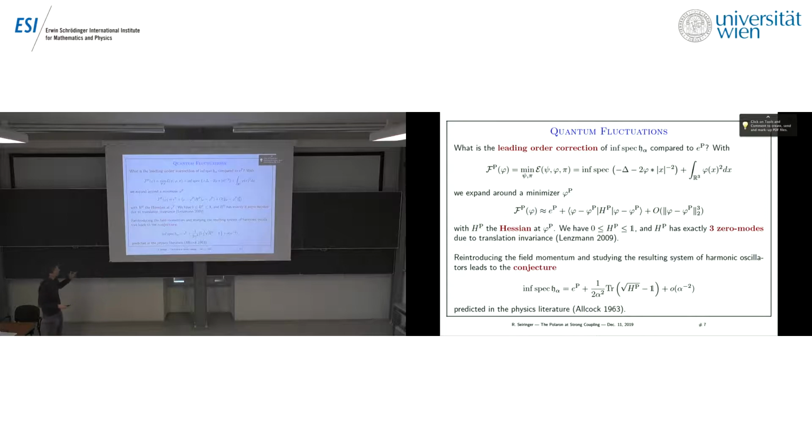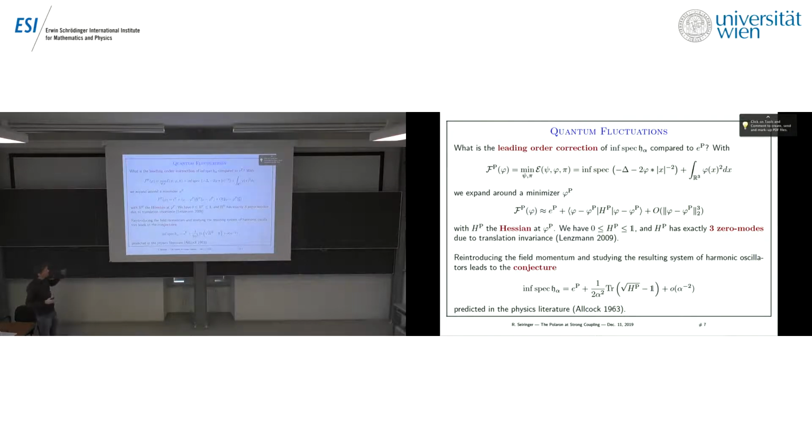You can also check that it's less than 1, simply because the 1 comes from the quadratic term here, and this thing here, being the ground state energy of a Schrödinger operator with potential linear in phi, has to be a concave function, so its second derivative is negative. So the Hessian is between 0 and 1. Okay? It has zero modes that come from the translation invariance, obviously, right?